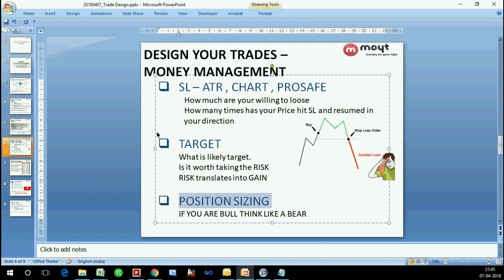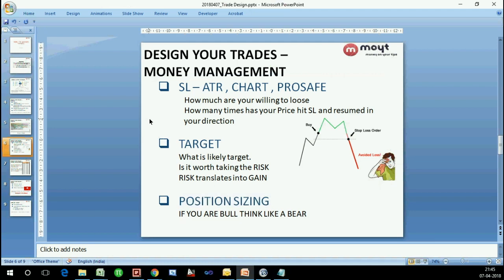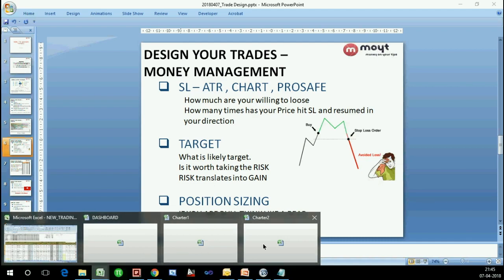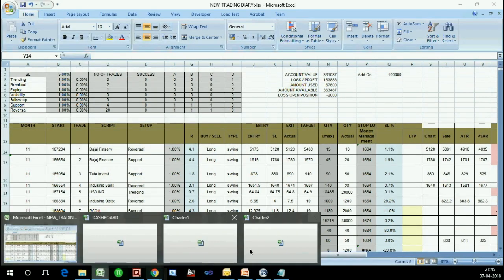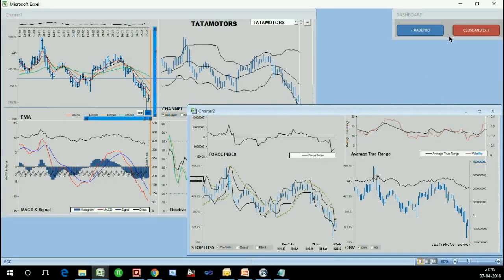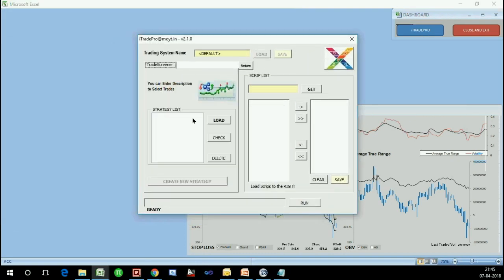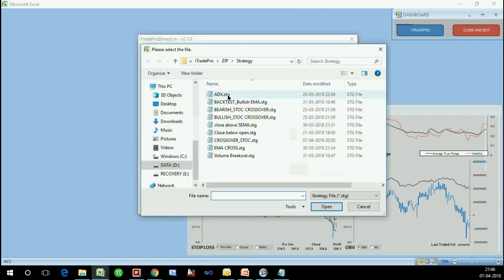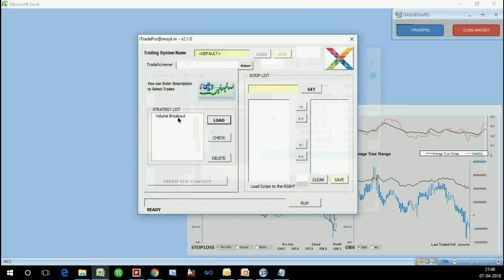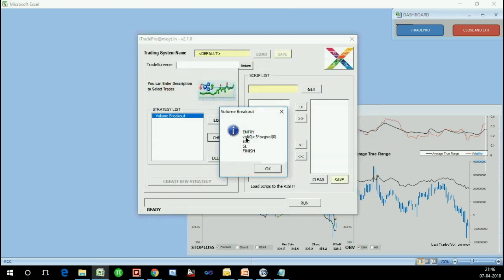So we have seen two things. One is your method, how you are deciding which to trade and what to trade. And there is one query I received in the registration form: how do you decide? So for this, I have released one application. It is purely up to you whether you want to use it or not. What you do is you decide, maybe I want to see if the volume is greater than 5 times the average volume.